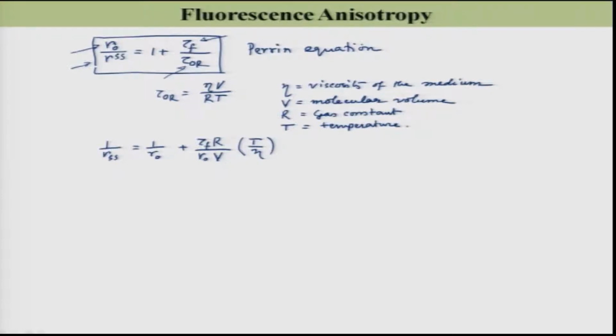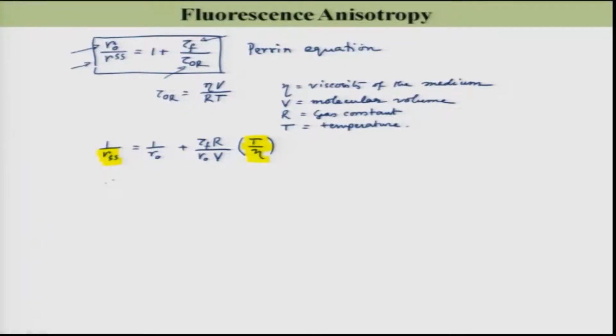It means that, this is the measurable quantity, and at a particular temperature you obviously know the viscosity. So T by eta is a known quantity, and I can measure Rss for different values of T by eta. I change the temperature, obviously viscosity will change, so T by eta will change, and for different values of T by eta I can measure the steady state anisotropy and then plot it.